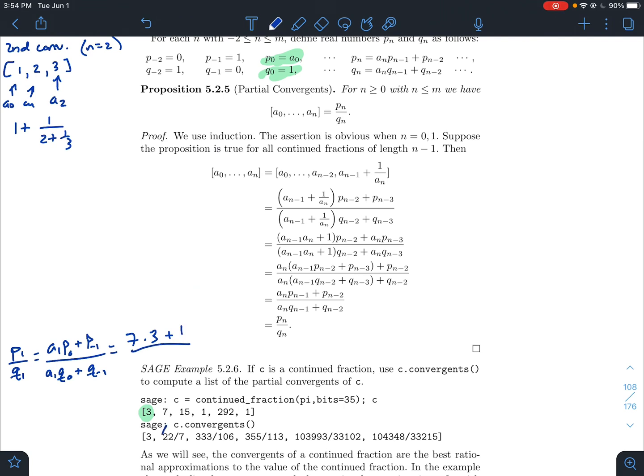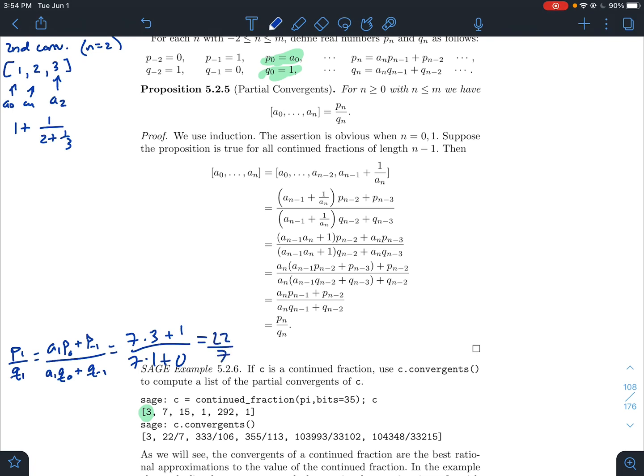And that's where you see the 22. In the bottom, A1 is 7, remember, because 3 is in the A0 spot. So 7 times Q0, and Q0 is defined to be 1, plus Q negative 1, which is defined to be 0. So that's where you get the 7 on the bottom. This is where the 22/7 comes from.